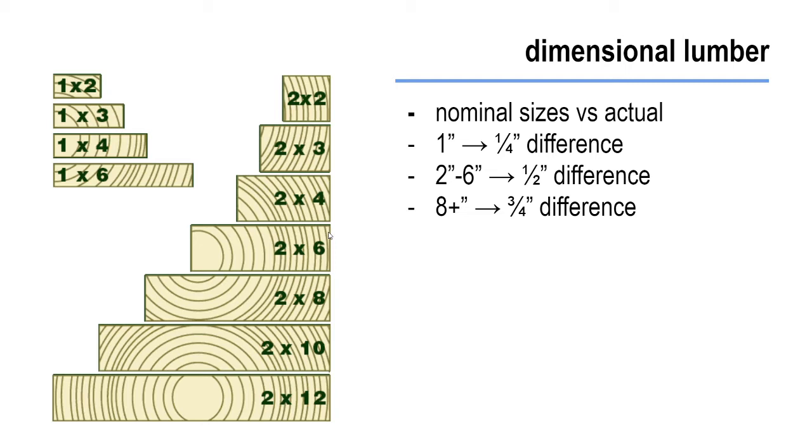And that small difference in the actual size accounts for the fact that when it's at the mill and the saw is going through it, there's going to be extra cut off. But it's also the fact that the wood is green, as we call it, when it goes through that saw, so there's still a lot of moisture retained in it.